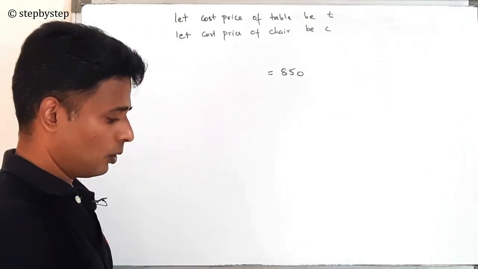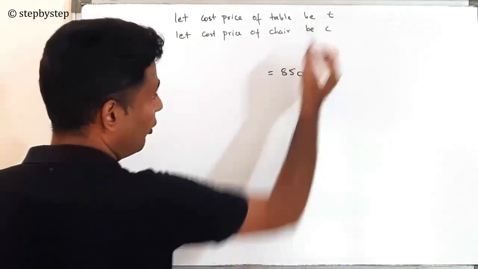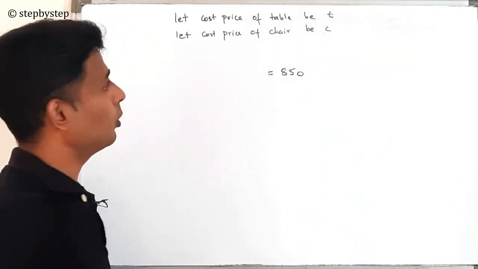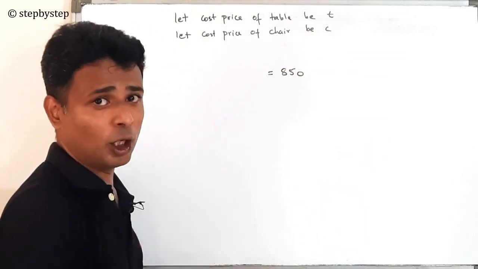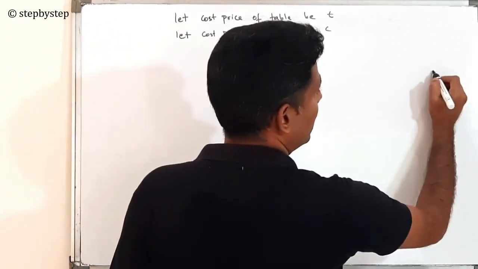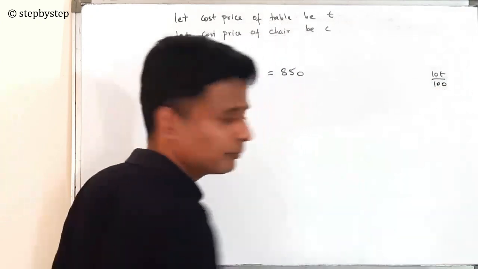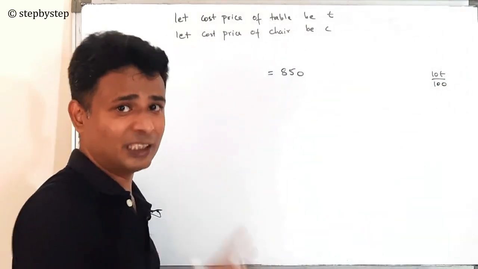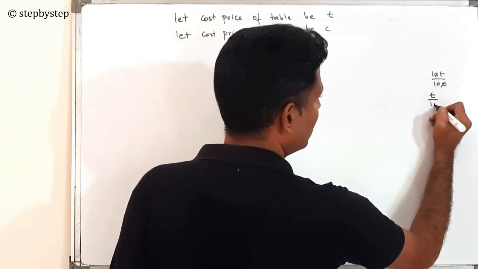Now he made a loss of 10% on the table. If the cost of the table is T, 10% of T is 10 by 100 into T, that is T by 10.